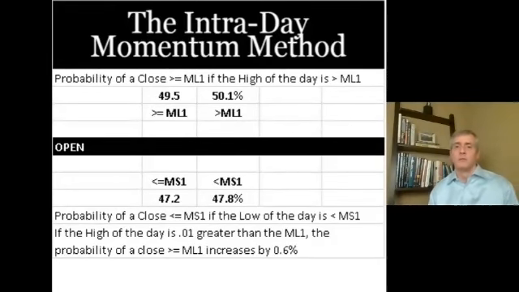So we go from 49.5 to 50.1% of the time that we close at or above the ML1 level. When you look at the 47% and 50%, this alone demonstrates that trend following will get a trader an edge, because we have been in an uptrend for the most part for the last 5 years.